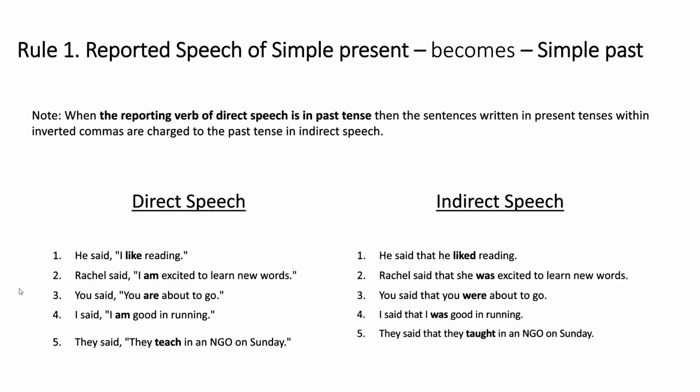Now the second sentence, Rachel said is in the past tense. That's a reporting verb, and the sentence is in present. I'm excited to learn new words. So Rachel said that, the comma and inverted commas are omitted, then a conjunction will follow here, which is that.